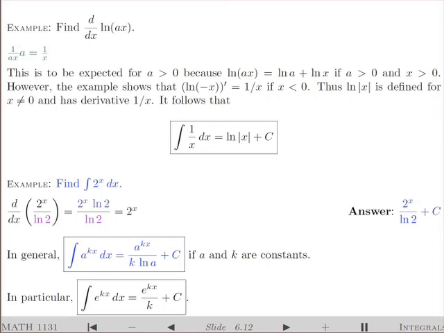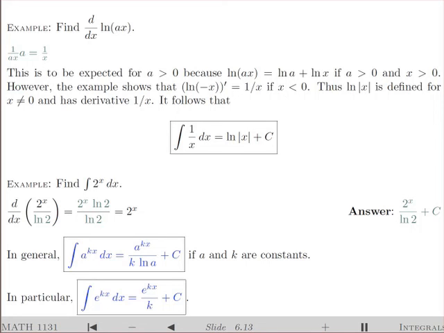A particular case of this is the one that we use most often, because in calculus, we preferentially write exponentials with base e. The general antiderivative of e power kx is e power kx over k plus the constant of integration. In textbooks, they generally give the formula for e power x and handle this case by using the method of substitution, which we'll talk about in section 4.